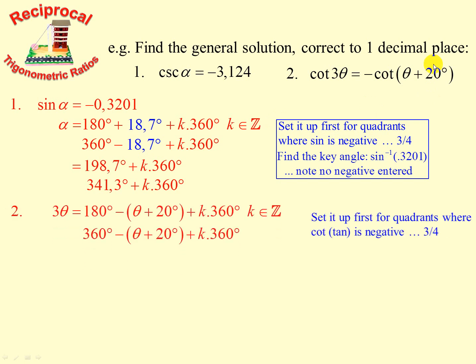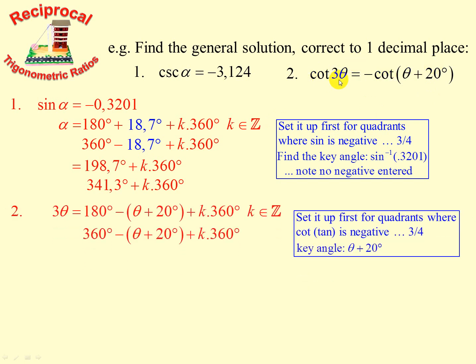In this first case, we need to solve first of all for 3 theta. We cannot get rid of that 3 without getting rid of the cot first. And if you notice, we've got cot equals cot. So therefore, if cot this equals cot that, then these two must be the same, allowing for quadrants.